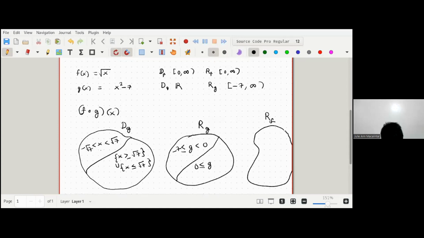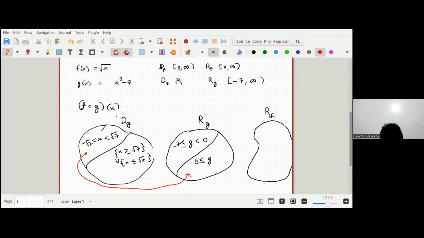So x between negative square root of 7 and square root of 7, minamap yan dito sa negative g. Sorry, dito ko i-map. So starting from here, I'm going to use red. So this gets mapped to negative values of g.